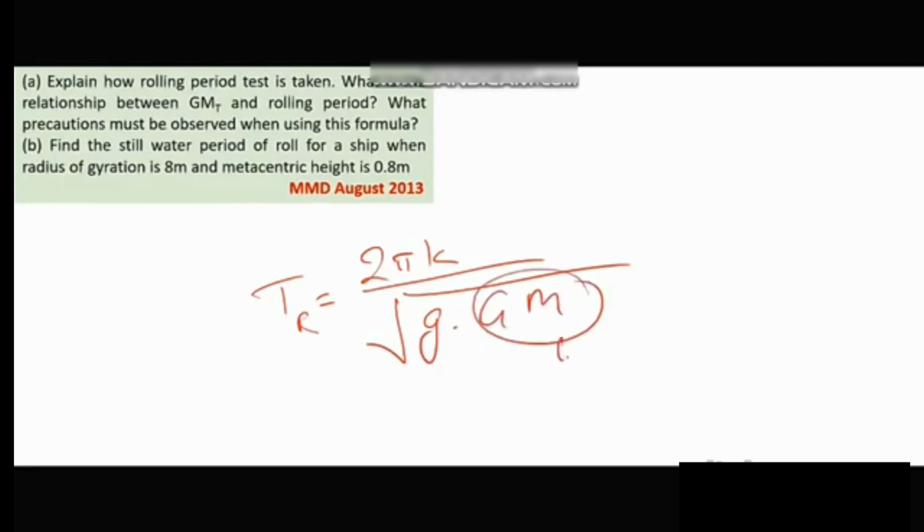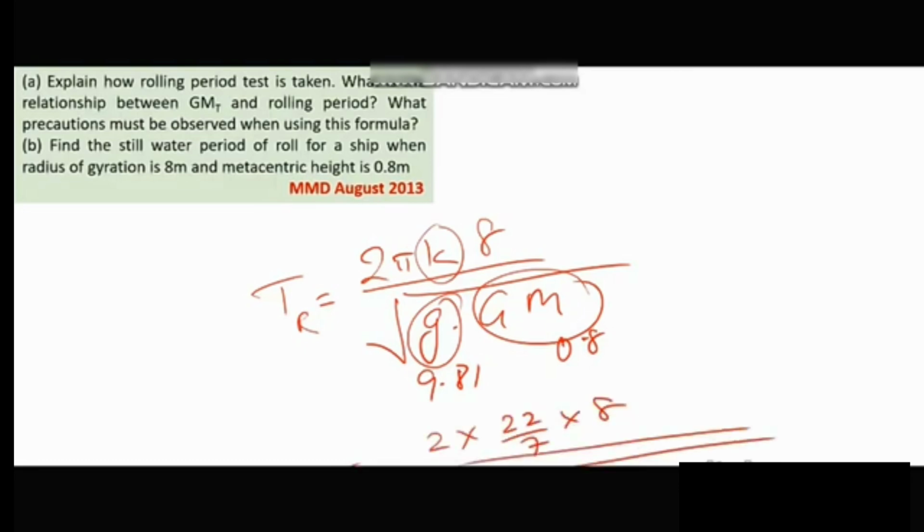GM is given as 0.8. G you know is 9.81. Radius of gyration is given as 8 meters. Pi you know is 22 by 7. So this becomes the answer to this question. Very quickly you can get the answer and move on to some other question. TR will come in seconds. Is that clear?